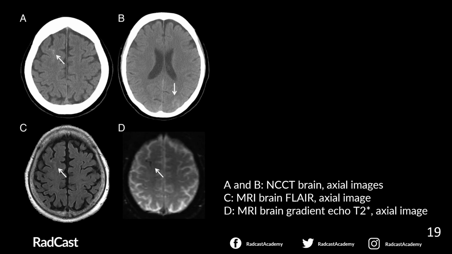C is MRI brain FLAIR sequence showing high intensity changes for subarachnoid hemorrhage. D is MRI brain gradient echo or T2 star weighted image, which is a highly sensitive sequence for detecting blood, which appears black.